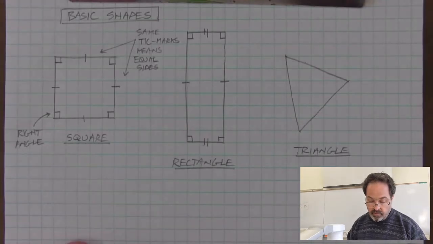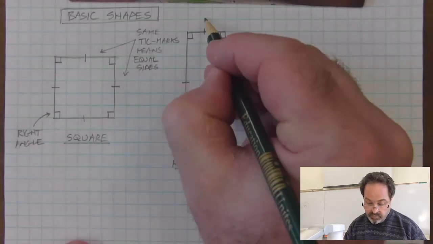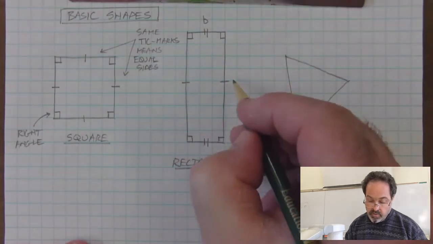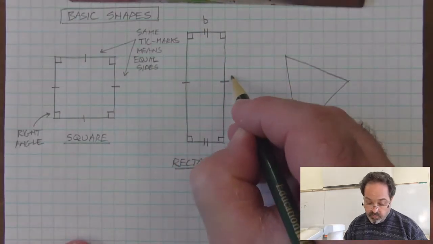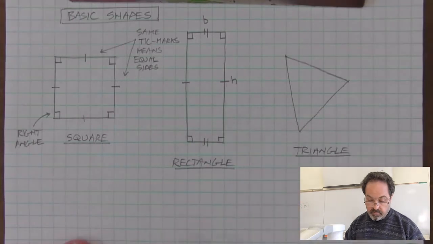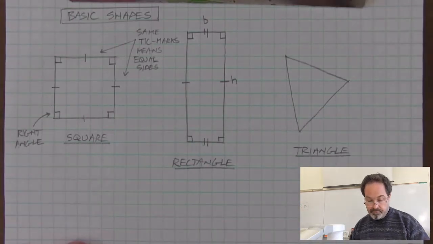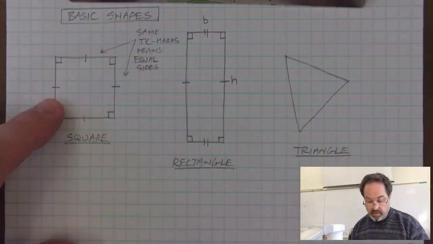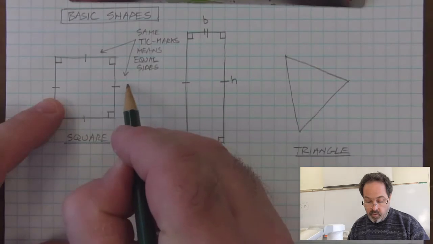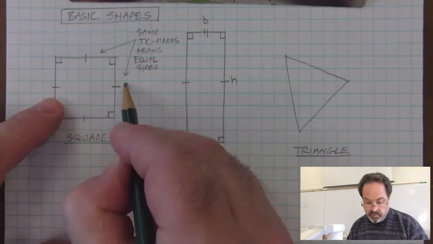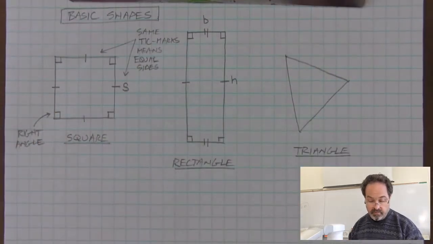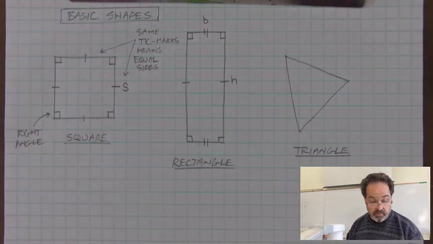A rectangle has a base that is a different measure than its height. A square has a side all the same measure. We typically use the variable s to stand for the side of a square.